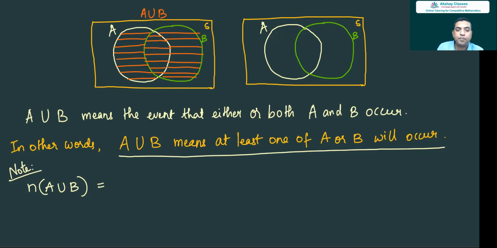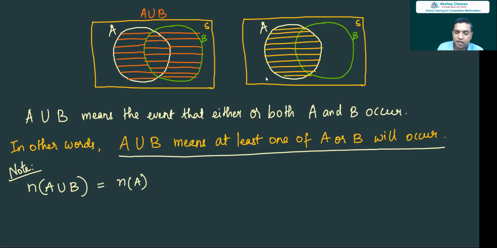So now A union B is N of A. N of A is this region, the total A. N of A means the portions of B wherever there is intersection are also included.